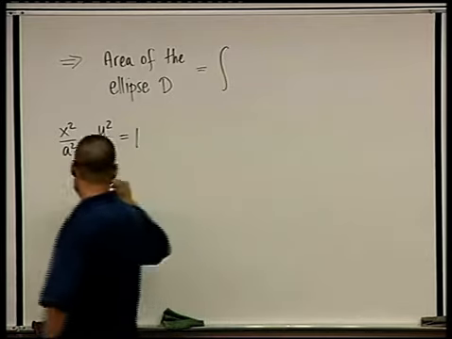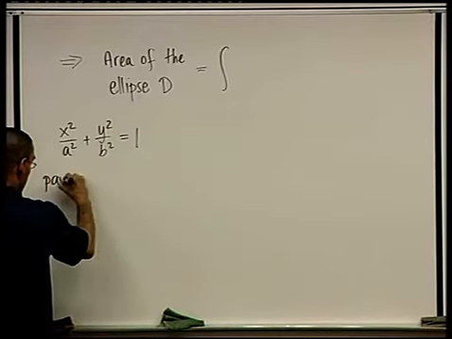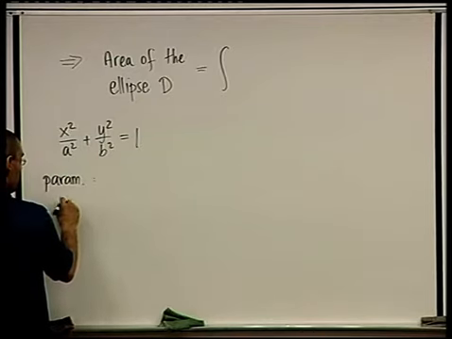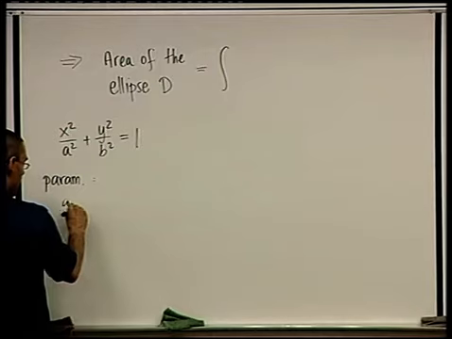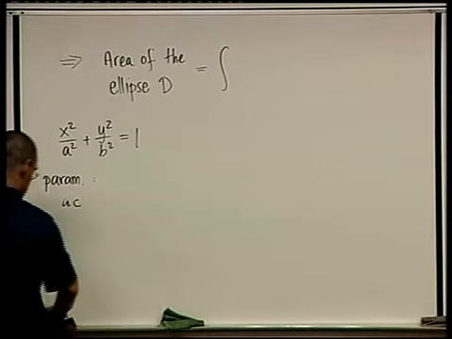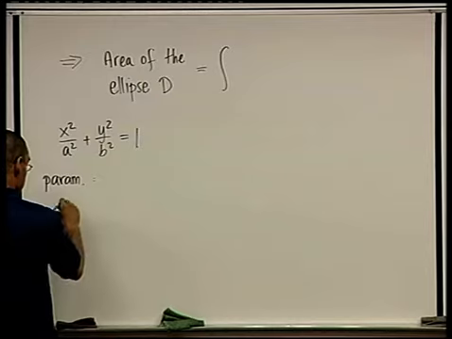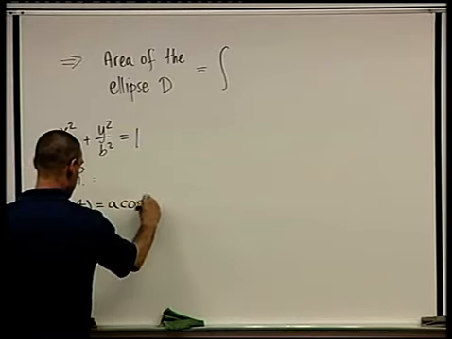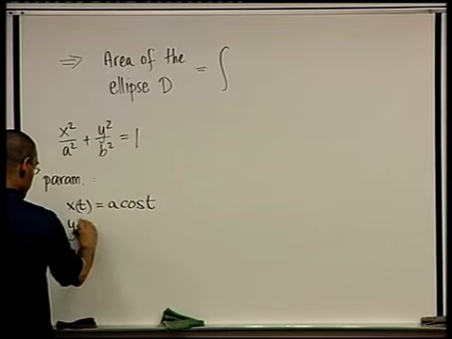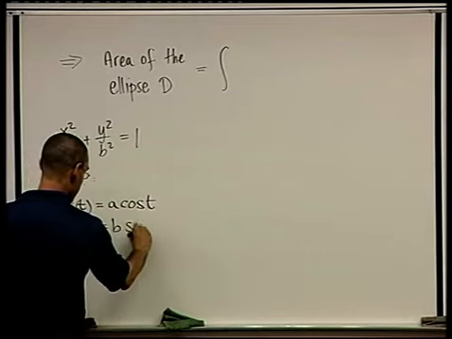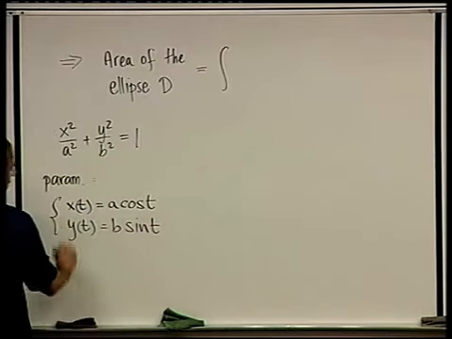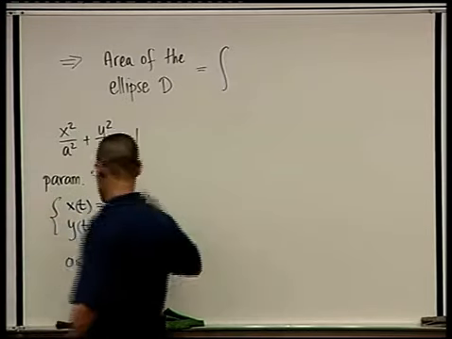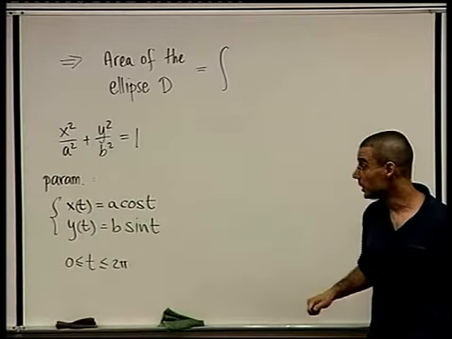And a parametrization, as we mentioned several times, would be x of t equals a cosine t, and y of t equals b sine of t, where t ranges between 0 and 2 pi.